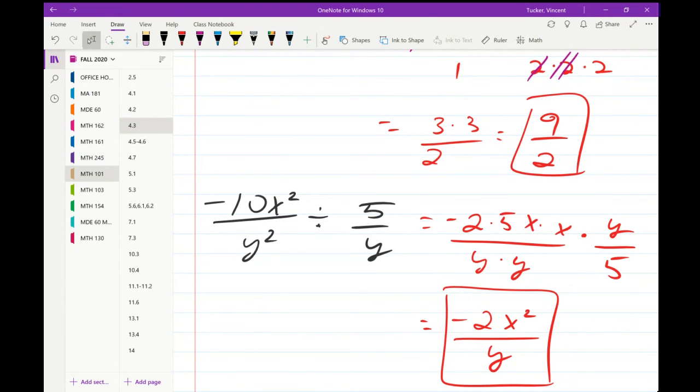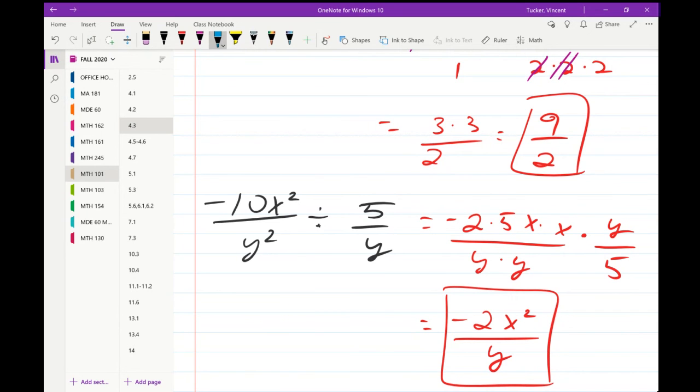We have negative 10x squared over y squared divided by 5 over y. Once again, make sure you implement the process of division. So division changes to multiplication, and you flip that 5 over 1 to 1 over 5.